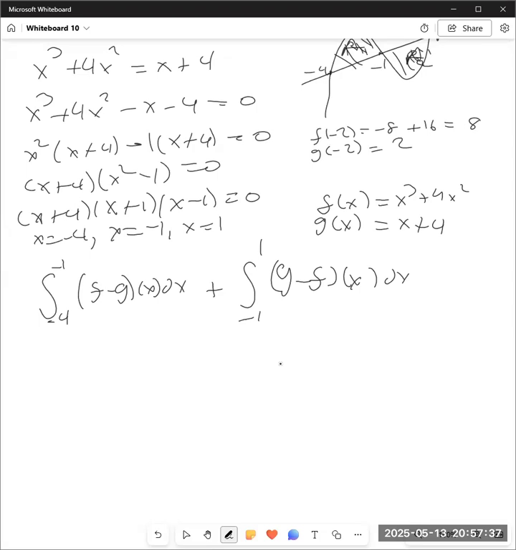Let's stick in a number between -1 and 1, like 0. f of 0 is 0, g of 0 is 4, g is bigger than f, so I have the order of subtraction correct here. -4 to -1, f minus g, so that's x cubed plus 4x squared minus x minus 4.